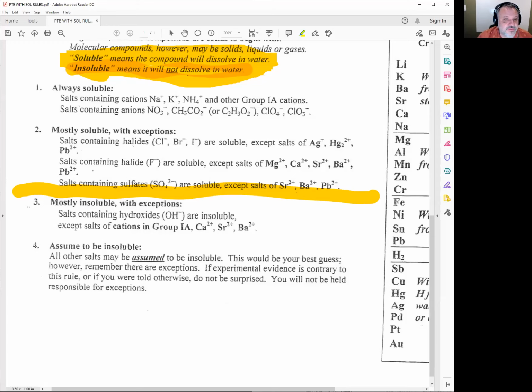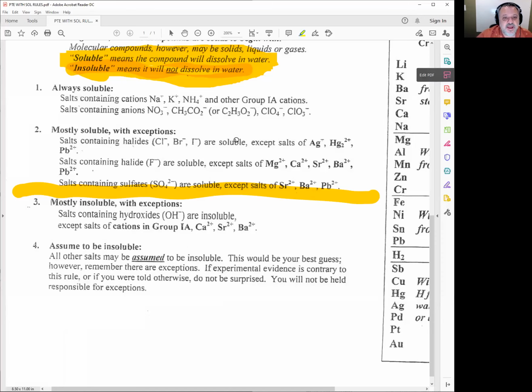So let's take a look at what's always soluble to start with. Go back all the way up to rule number 1. So anything that has the cations sodium, potassium, and ammonium are always soluble, as well as any other cation from group 1.